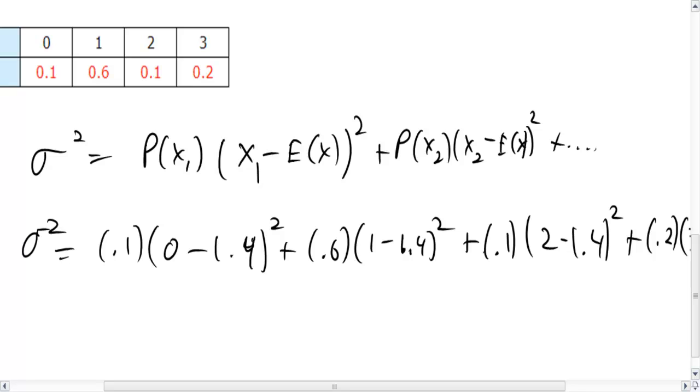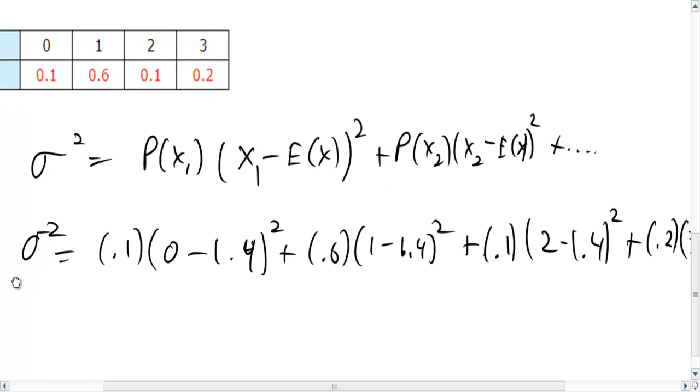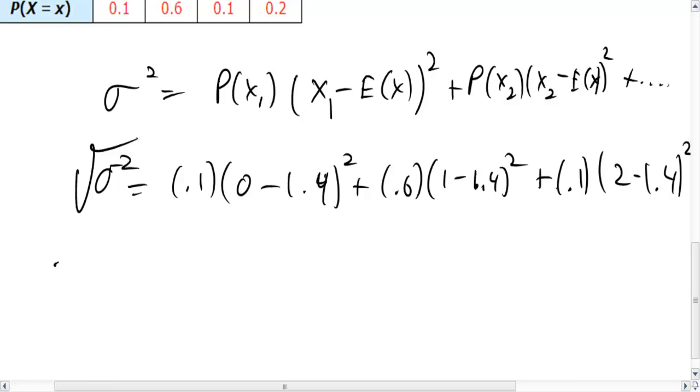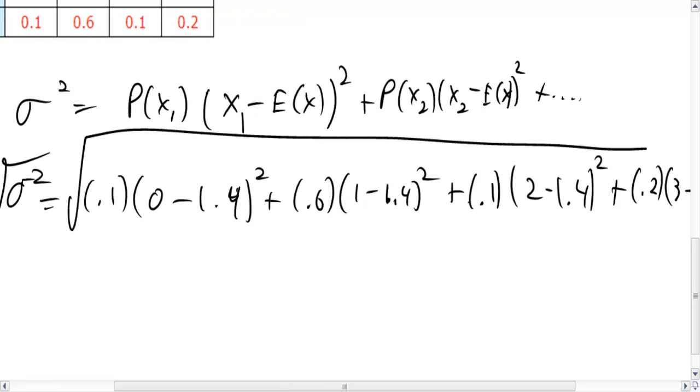And once you figure that out, you have your variance. To get the standard deviation, you would just take the square root of both sides and be happy that it's so easy to do.